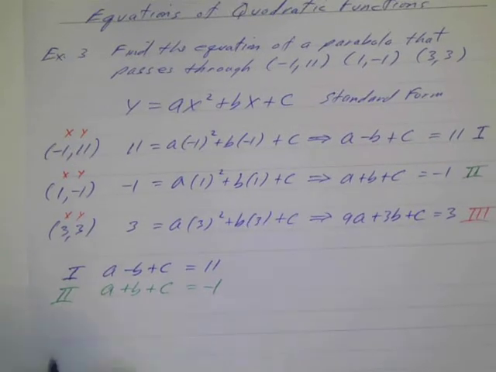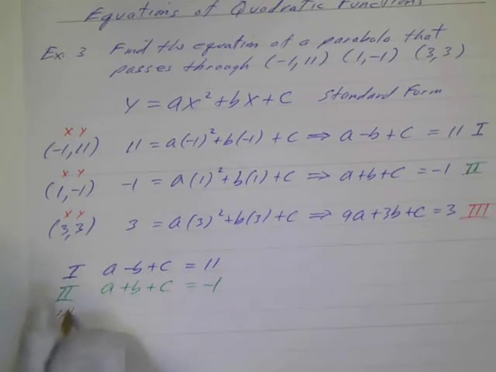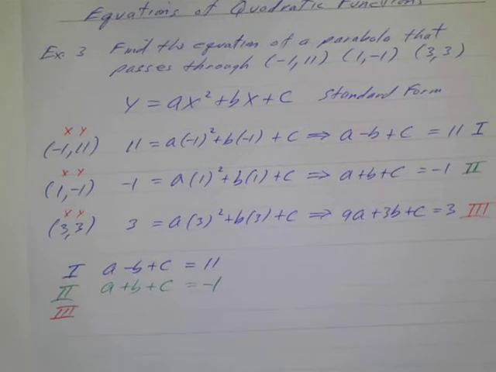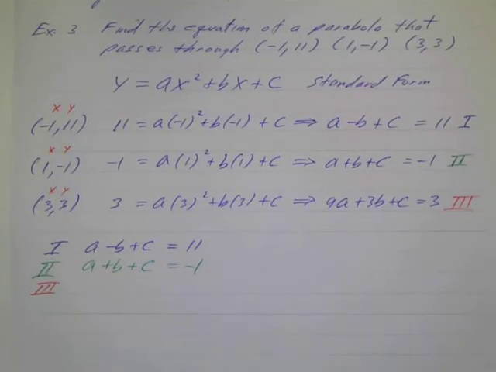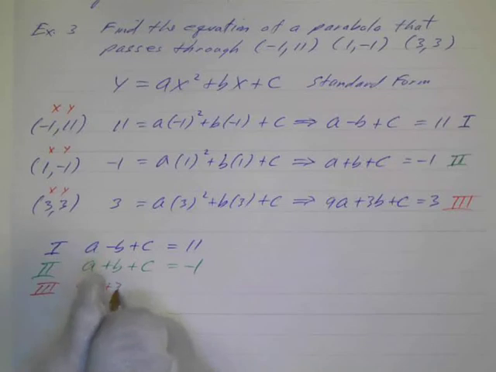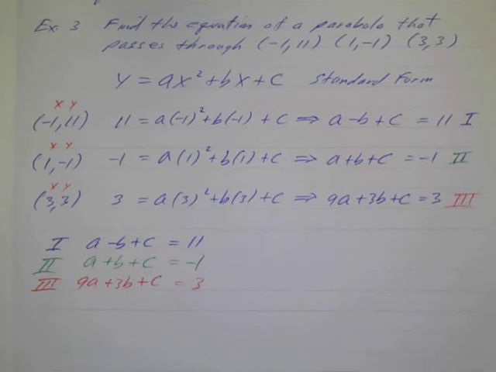And equation 3, I did some examples earlier on 3 equations. I think I did 1, so you can take a look at that. Equation 3 is 9a plus 3b plus c equals 3. So those are your 3 equations.